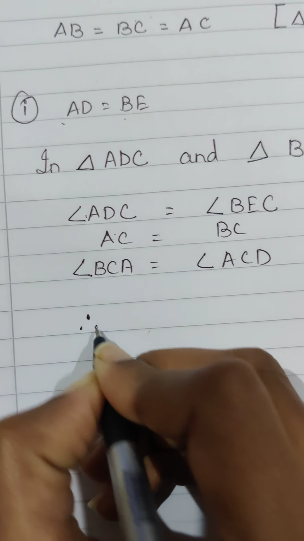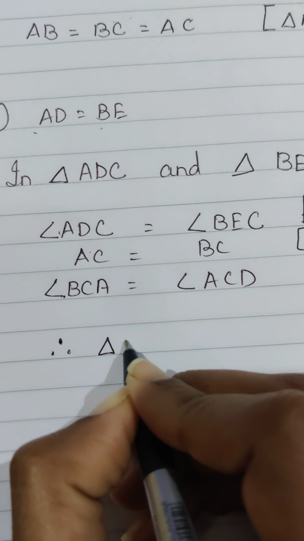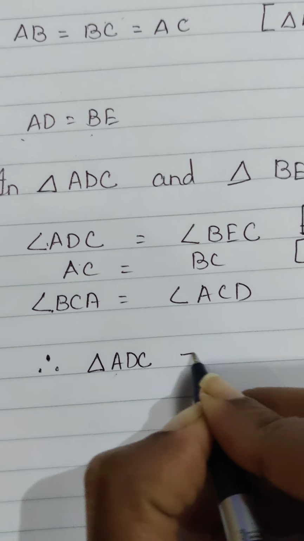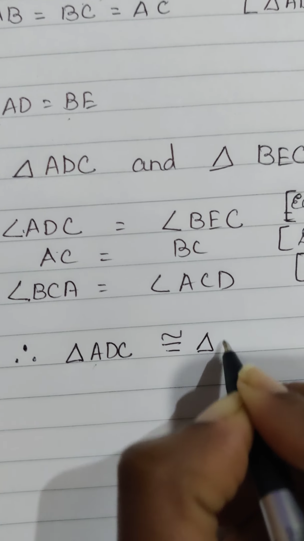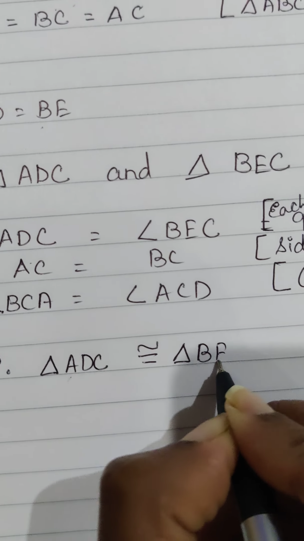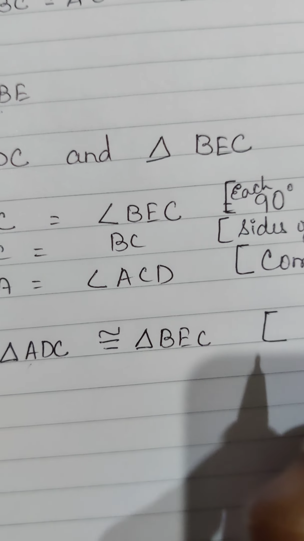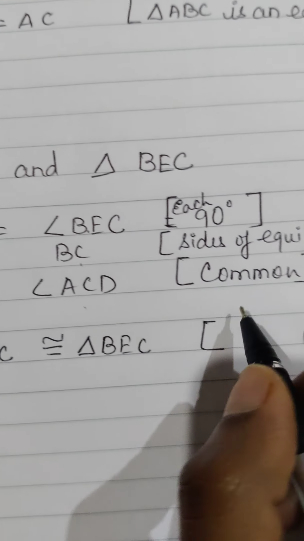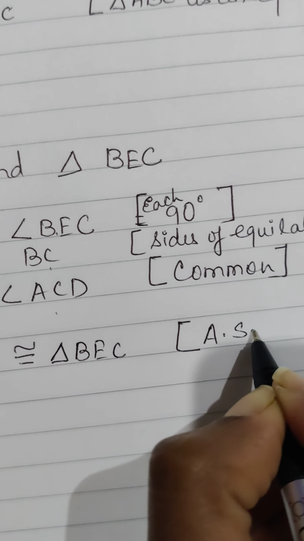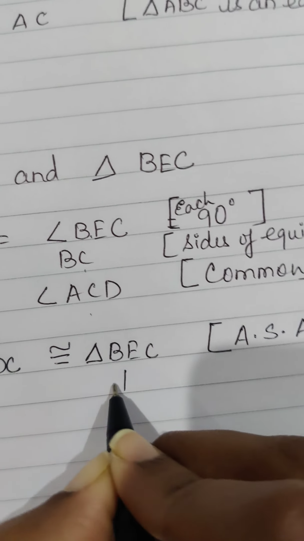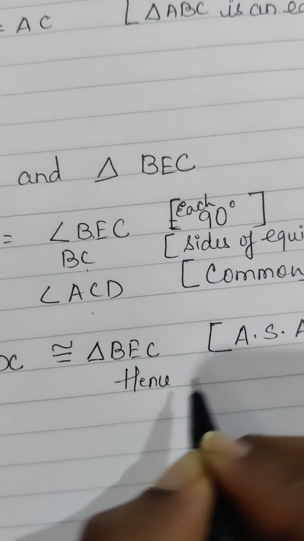Hence we can write, therefore triangle ADC is congruent to triangle BEC by which property? ASA, it is angle side angle, hence proved.